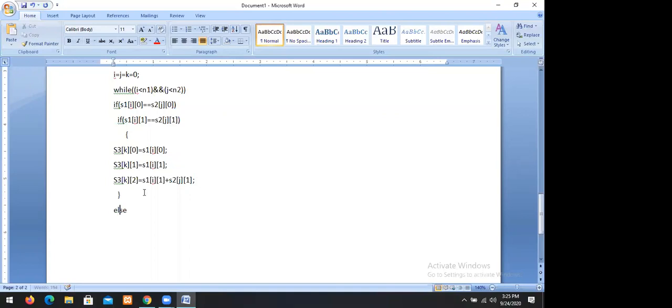Else, if row numbers are equal and columns are not equal, then move the lowest column value to the result. Else if S1 of ith row first column is less than S2 of jth row first column, so this is the lowest column, and this is copied to the result.